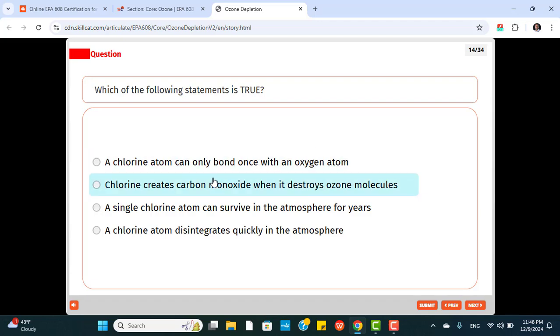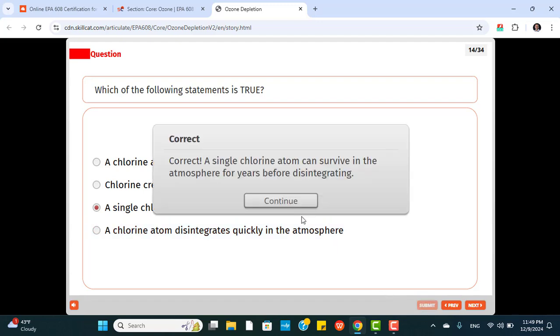The chlorine atom can only bond once with an oxygen atom. Chlorine creates carbon monoxide, which destroys the ozone. No. A single chlorine atom can survive in the atmosphere for years. Correct. A single chlorine atom can survive in the atmosphere for years before disintegrating.